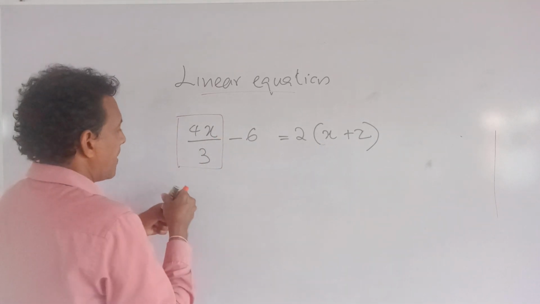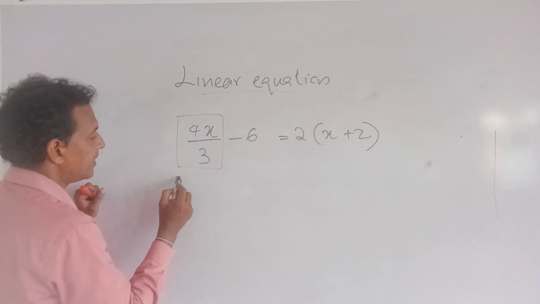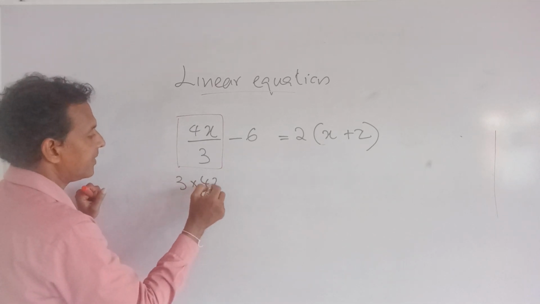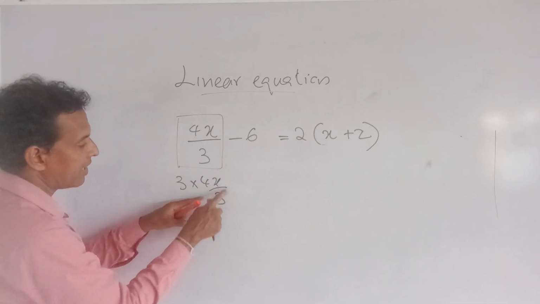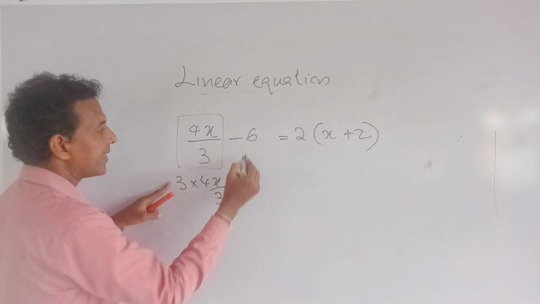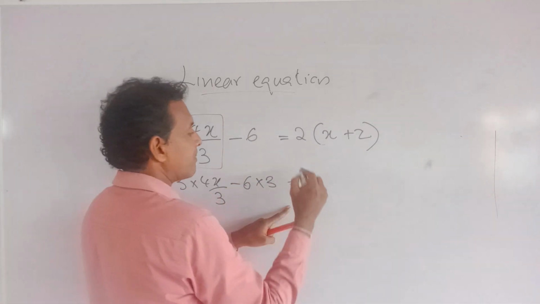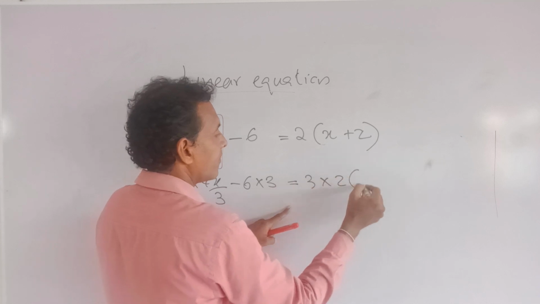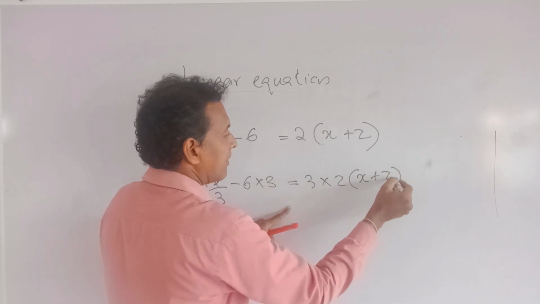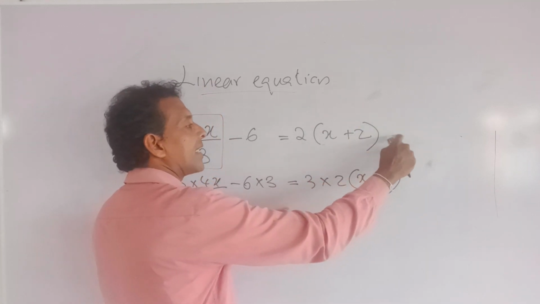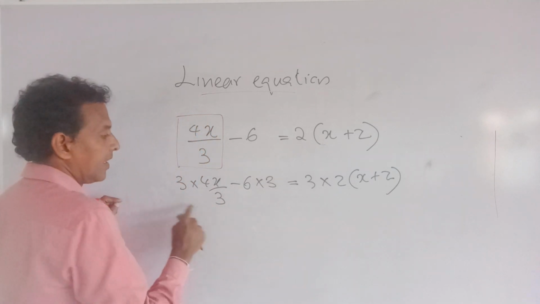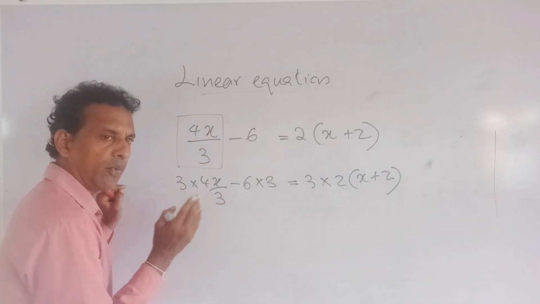What do you do? Multiply the first term by 3: 4x divided by 3 multiplied by 3, minus 6 multiplied by 3, equals this whole thing multiplied by 3. Even if you write the multiplication sign this side, it doesn't matter. Now what are you doing here?